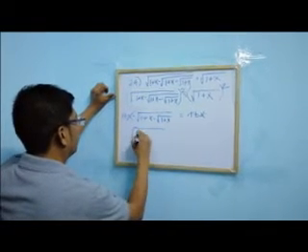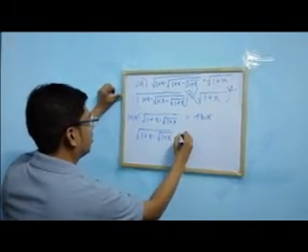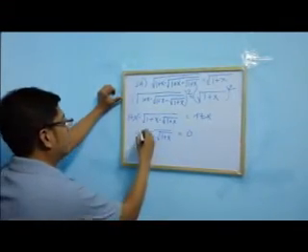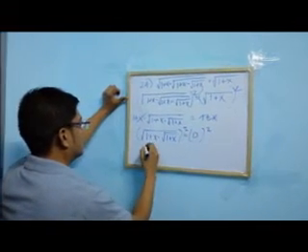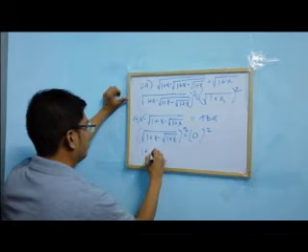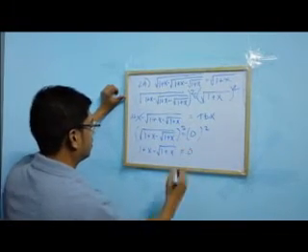So this one cancels, 1 cancels this x, so what is left is square root of 1 plus x minus square root of 1 plus x equals 0, and then square both sides again. So 1 plus x minus square root of 1 plus x equals 0.